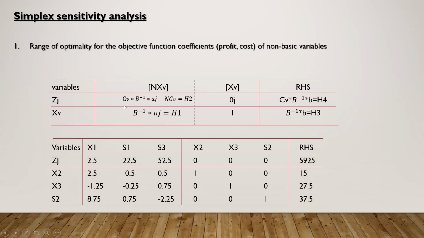If we want to reconstruct the same matrix for the first iteration, CV will be zeros because they are dedicated to the slack variables, and B inverse will be the identity matrix. Then you will have the other values fit in here. So x1, x2, and x3 will be the non-basic, denoted on the left side of the matrices. And it will be the same.